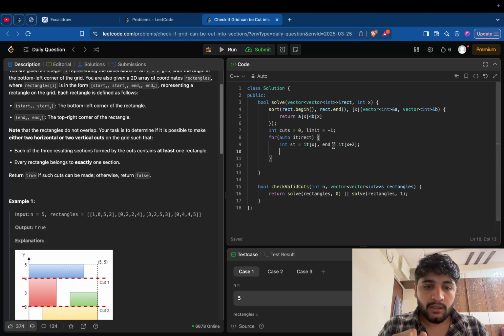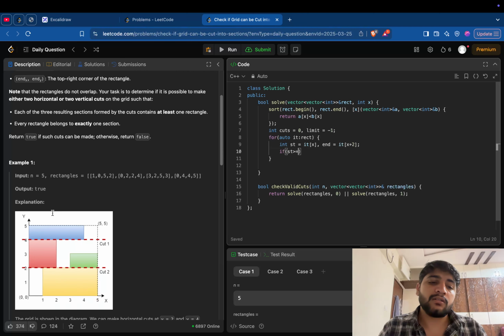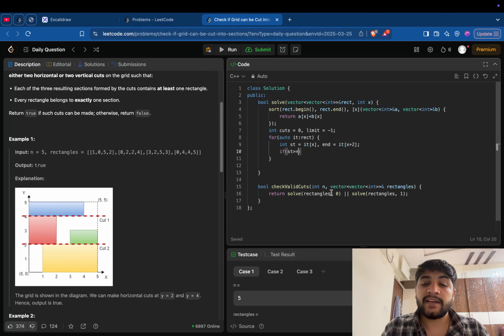Okay, now the condition is that if start is greater or equal to the limit... let's say initially we are taking x as 0, along the x-axis we are taking the cuts.